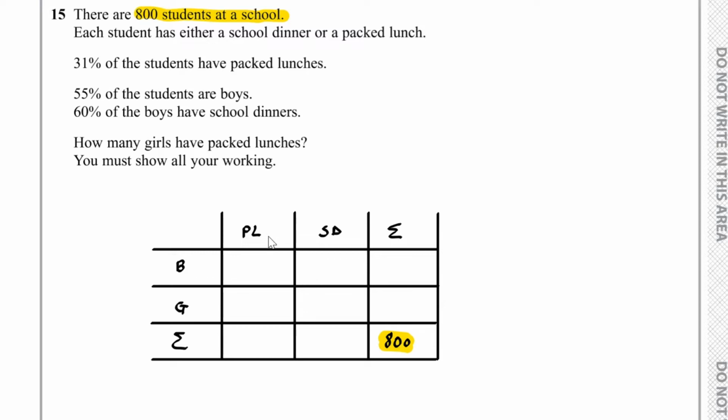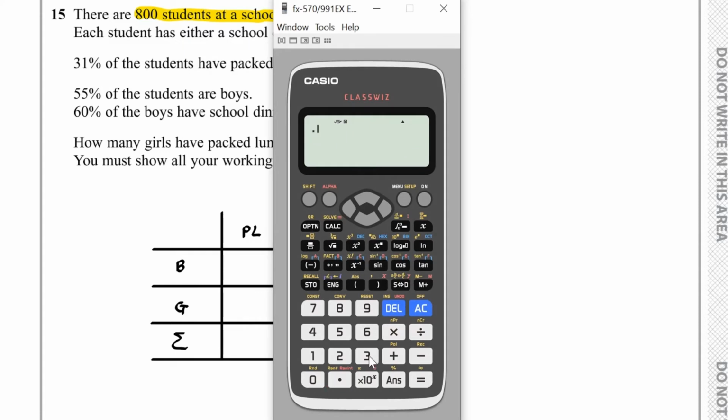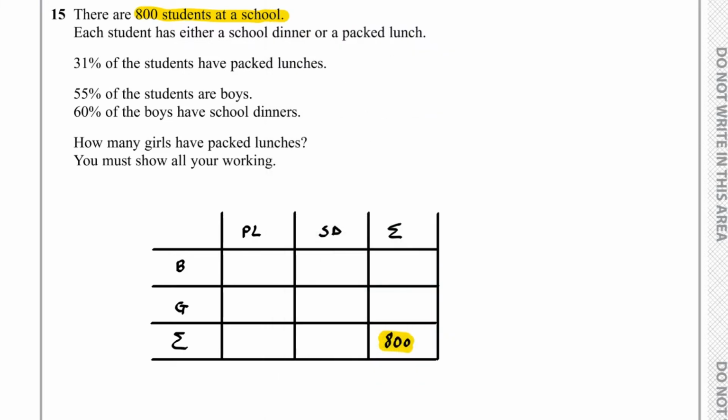So the total number of those who have packed lunches is 31% of the 800. So 31%, that's 0.31. And if we multiply this by 800, we get 248. So we've got 248 students who have a packed lunch altogether. Okay?